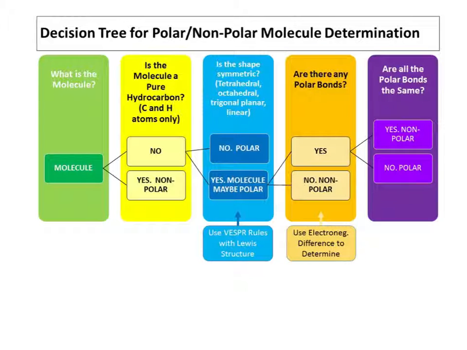The next question you would ask, if there are other atoms besides carbon and hydrogen, is: is the shape symmetric? We're looking at symmetric shapes such as tetrahedral, octahedral, trigonal planar, linear, and other ones not mentioned here that could be considered symmetrical. Symmetrical means that everything looks the same on each side; basically it has to have an axis of symmetry.